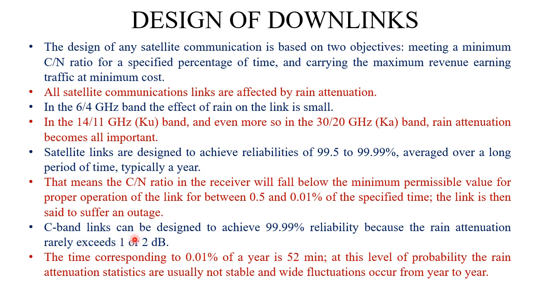C-band links can be designed to achieve 99.99% reliability because the rain attenuation rarely exceeds 1 or 2 dB. The time corresponding to 0.01% of the year is 52 minutes. At this level of probability, the rain attenuation statistics are usually not stable and wide fluctuations occur from year to year.